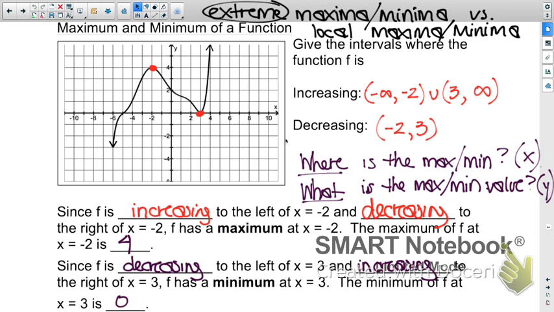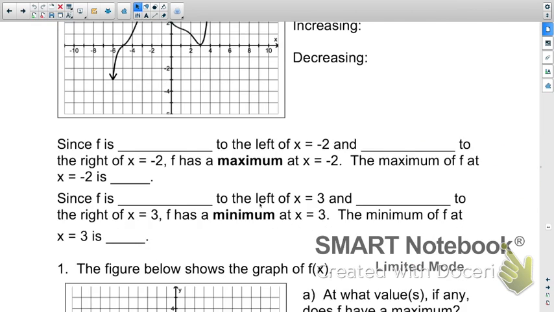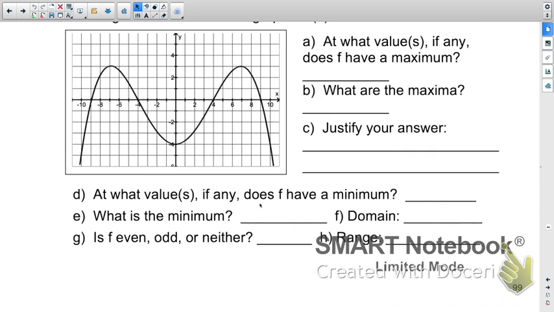Okay, so very briefly again on that second one below. If it goes out of the graph, we know that the actual minimum here would be continuing on to negative infinity. This is practice with the language of this. When it says at what values does it have a maximum, what is it asking me for there? Careful.